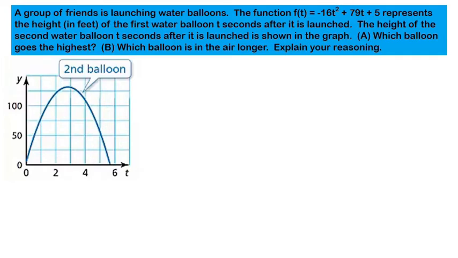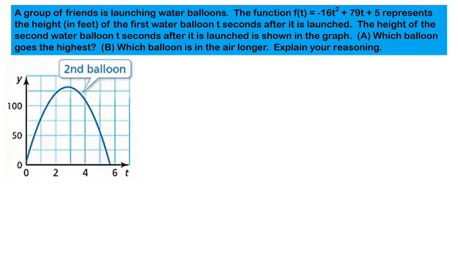Explain your reasoning. First, let's find all of the information that we can see on the graph to help us answer part A, which balloon goes the highest, and part B, which balloon is in the air longer. For part A, to find out which balloon goes the highest, we want to find the maximum height of the second balloon.